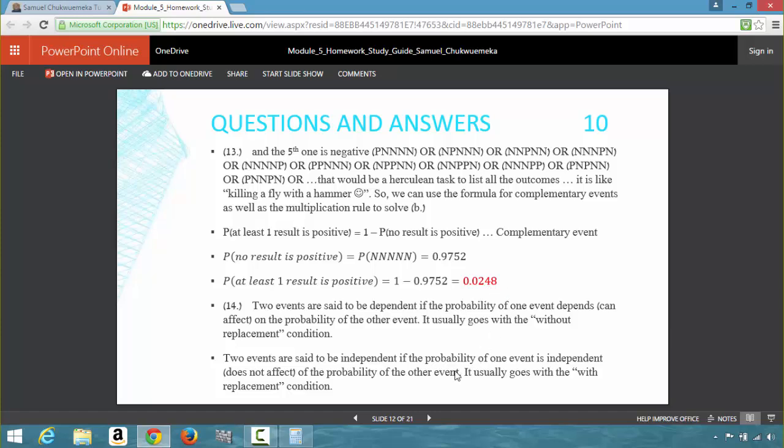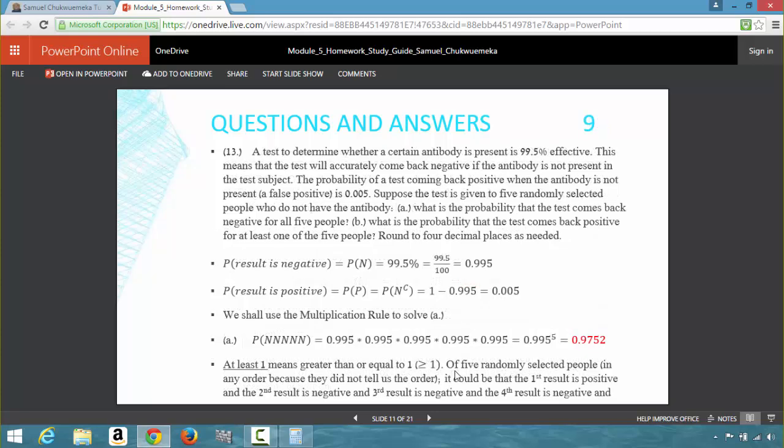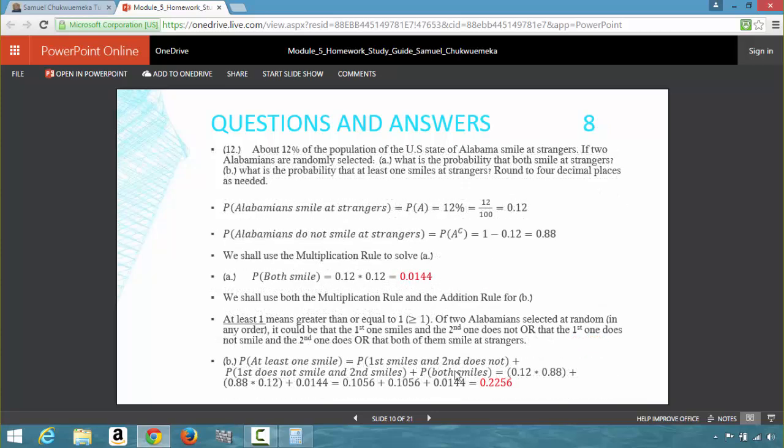So the same thing goes in the previous one. We could do 1 minus the probability that none of them smile at the strangers.